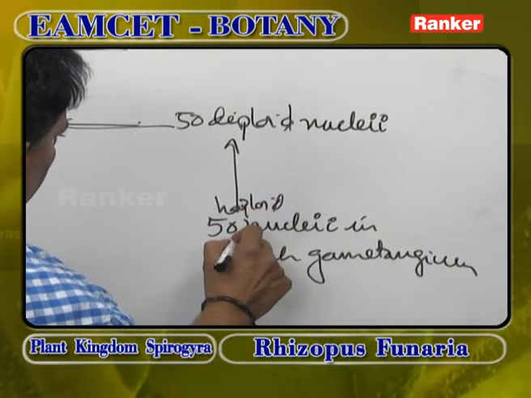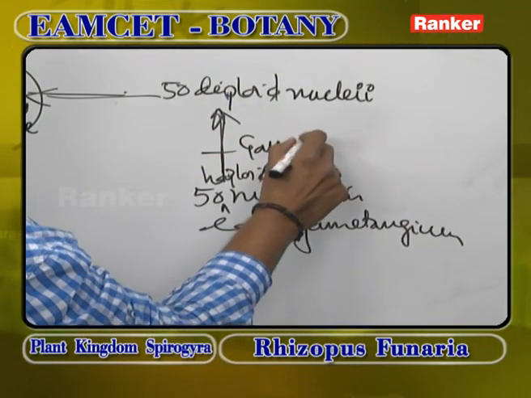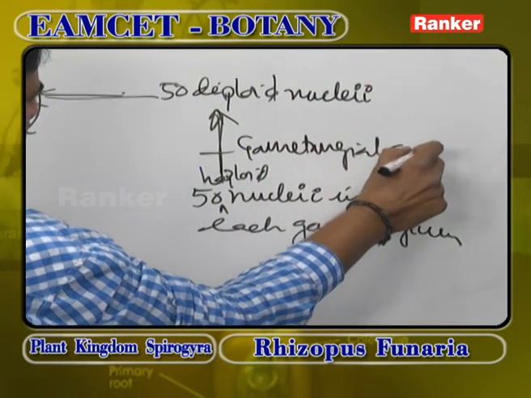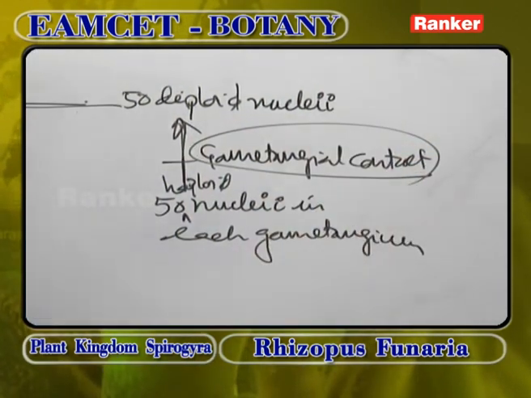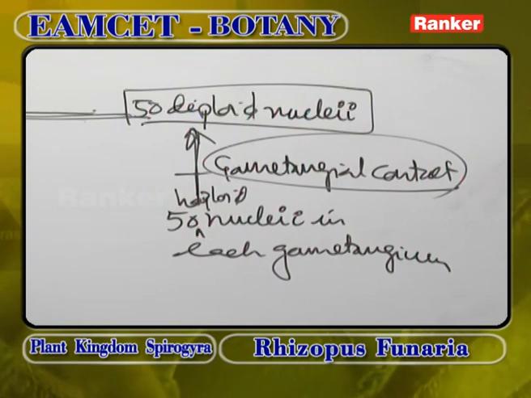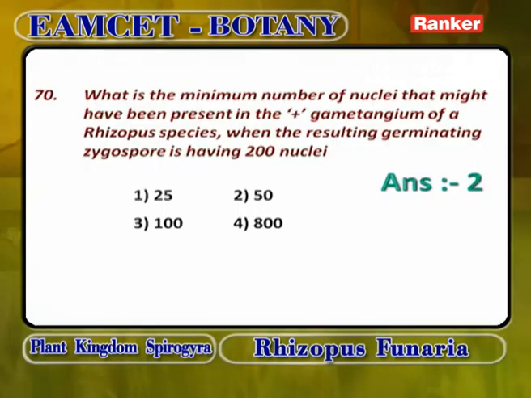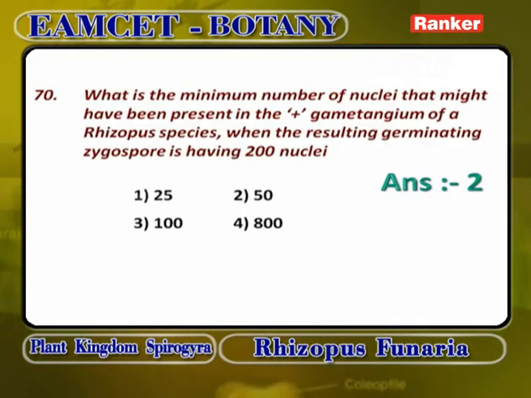When 50 haploid nuclei in each gametangium fuse by gametangial contact, 50 diploid nuclei are formed. 50 diploid nuclei undergo reduction division and produce 200 haploid nuclei. So, what is the question here? What is the minimum number of nuclei in the plus gametangium when the germinating zygospore has 200 nuclei?